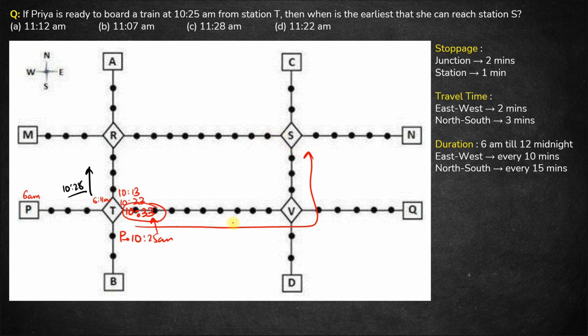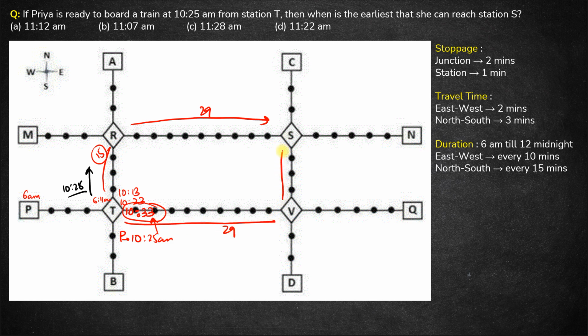T to R was 15 minutes, and R to S was 29 minutes. So the same is going to be the case: T to V will be 29 minutes and V to S will be 15 minutes. So the minimum time it will take for Priya to go from T to V to S will be 29 plus 15, which is 44 minutes.